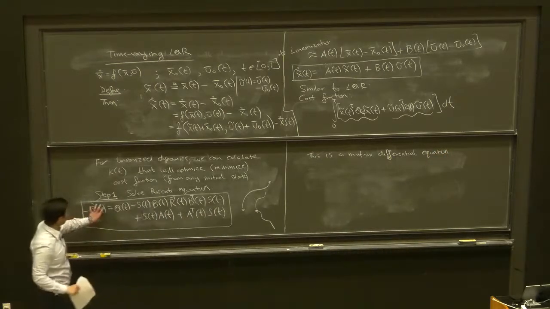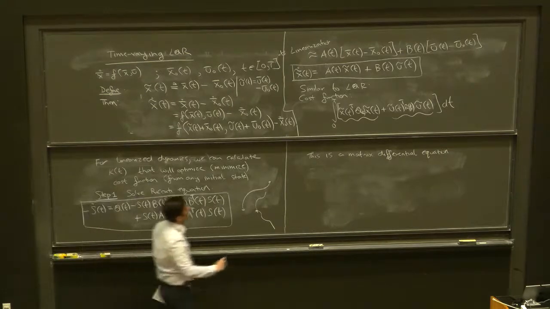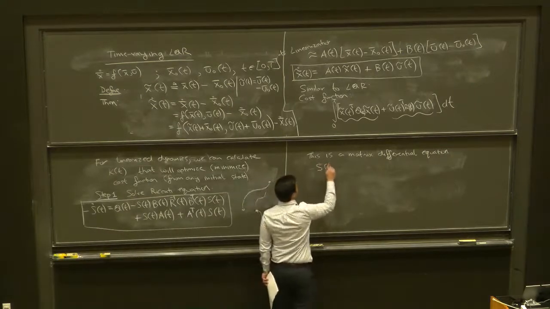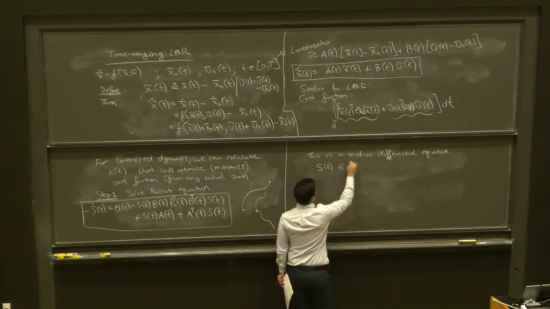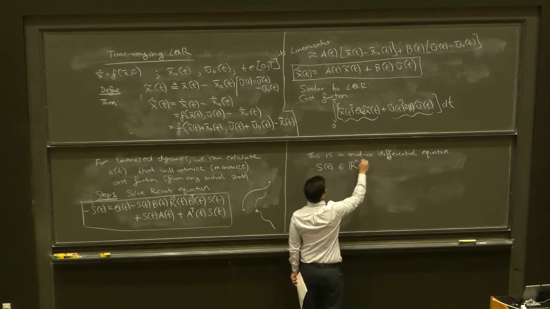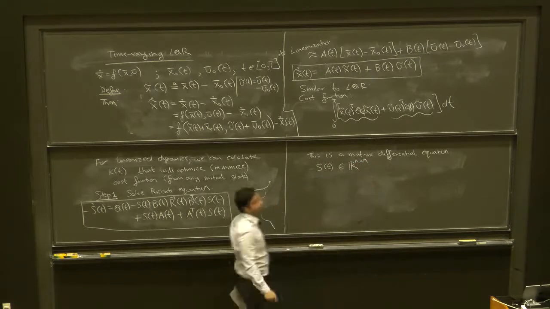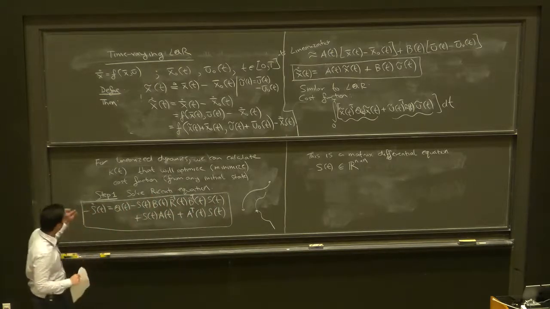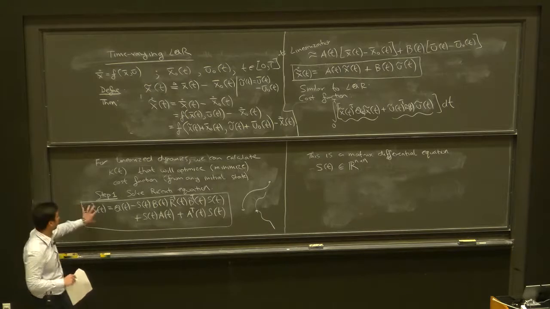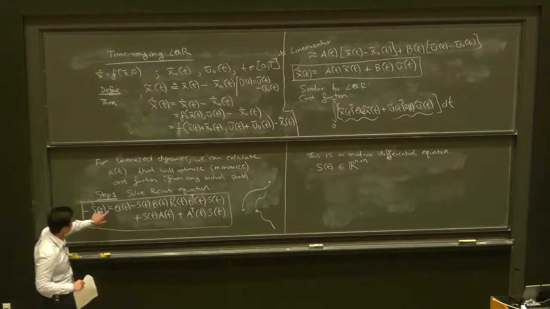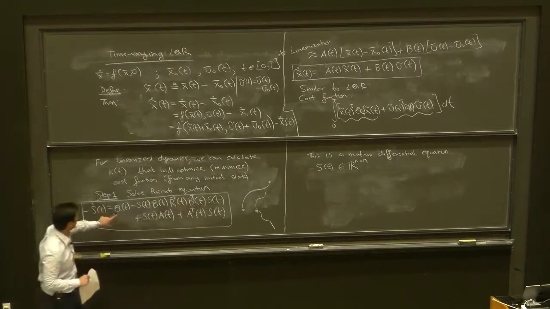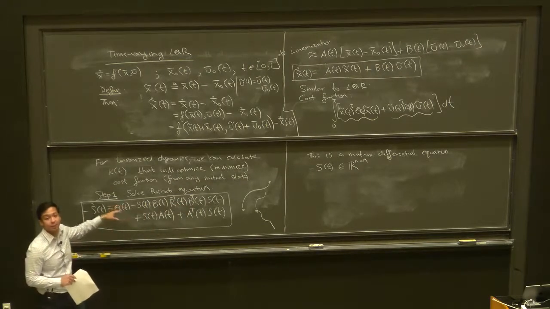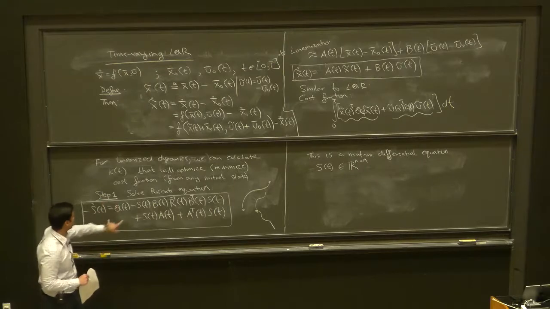So S of t is a matrix. It's an n by n matrix for any point in time. So you can think of each element of S of t on the left-hand side, or minus S dot on the left-hand side. Everything on the right-hand side, if you look at the dimensions, is also n by n. So Q of t is n by n.